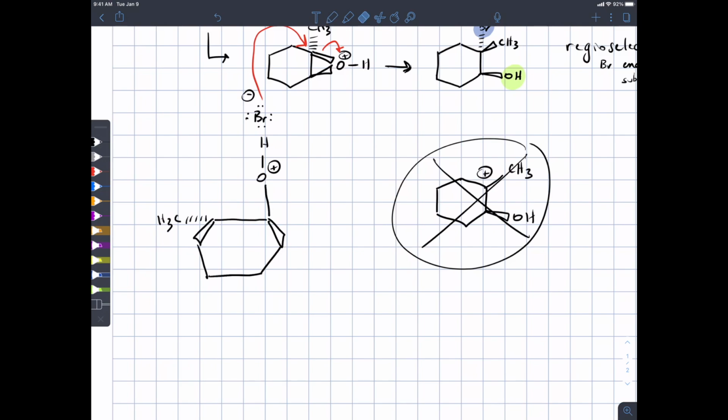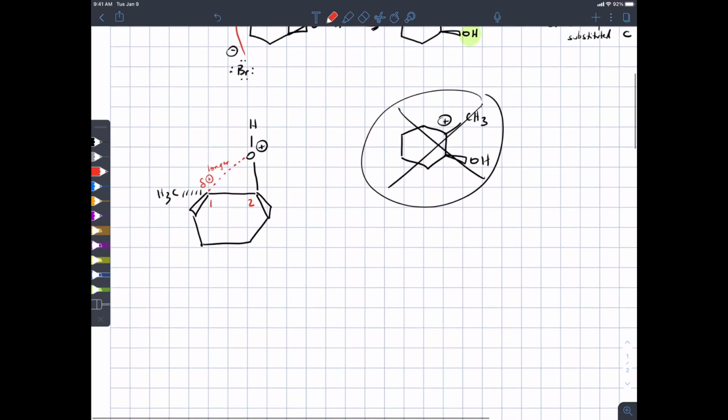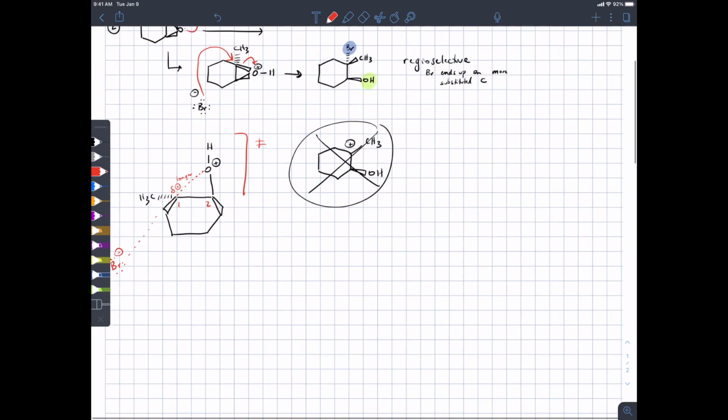The bond isn't completely broken, but it's partially broken. As the oxygen begins to leave, the oxygen-carbon bond between oxygen and 1 gets longer, and there starts to be a buildup of partial positive charge on the more substituted carbon, and all of that happens before the nucleophile is even close. And call this the transition state.